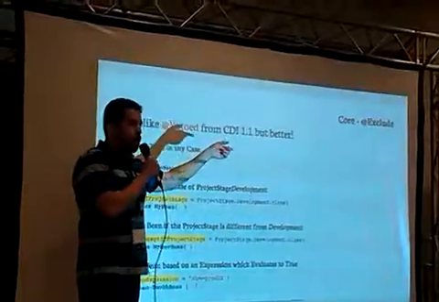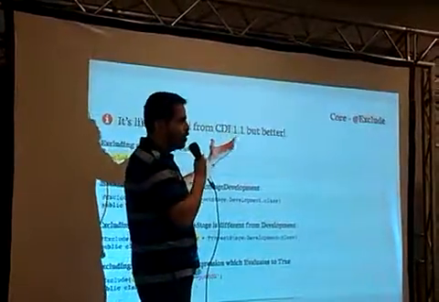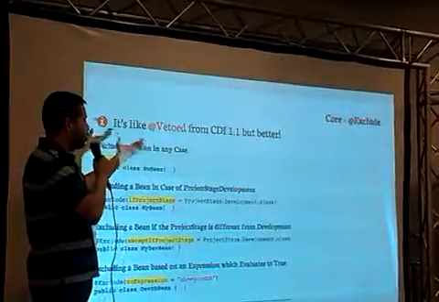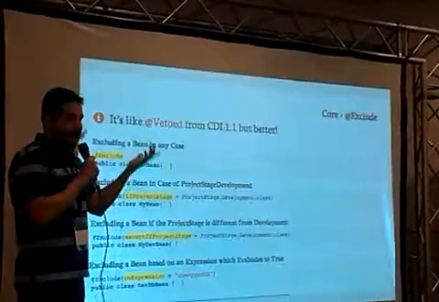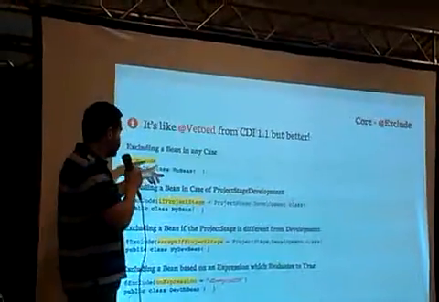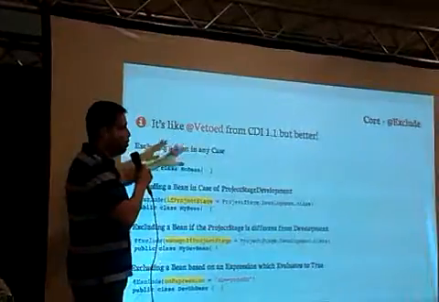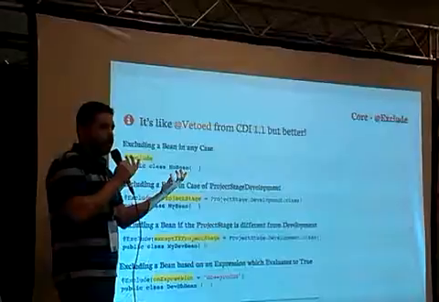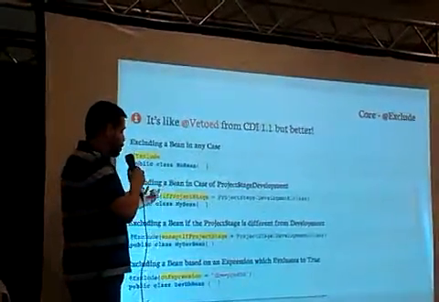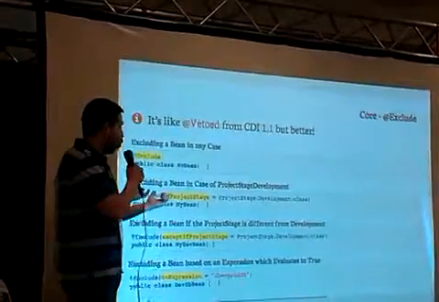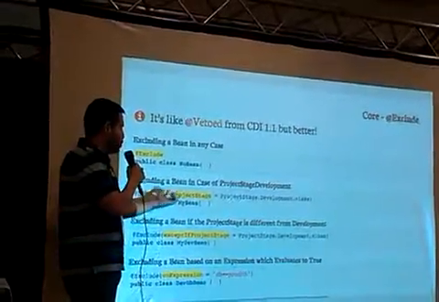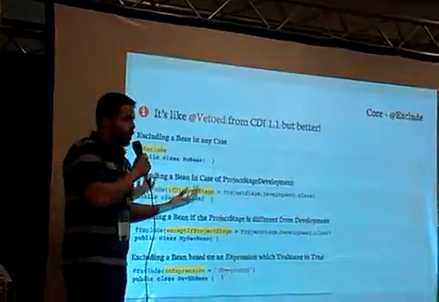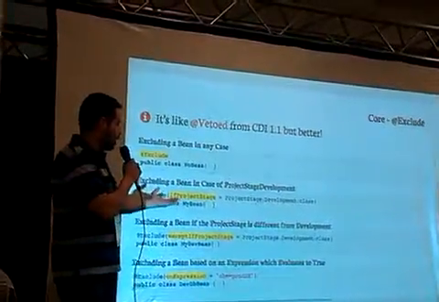DeltaSpike also comes with an annotation called exclude. CDI 1.1 comes with the Veto annotation, but the exclude is better. And why is it better? Because Veto only vetoes a bean from being injected, but just that. With exclude, I can define when the bean will be excluded. In this case, suppose that it's a mock class.